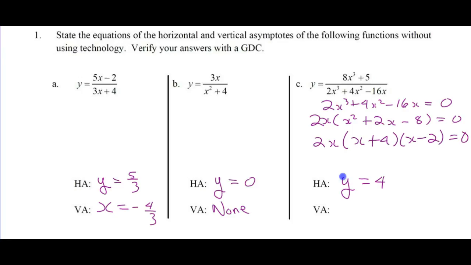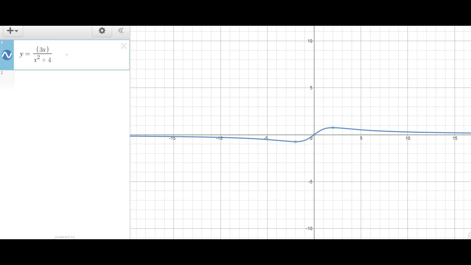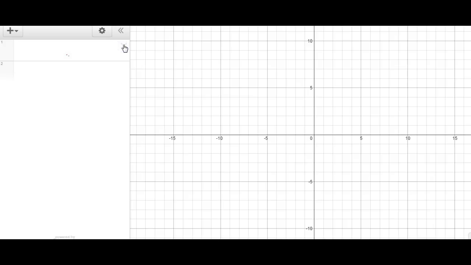All right, so looks like we could have a few vertical asymptotes: when x is 0, when x is -4, and when x is 2. All right, let's take a look to see if that's actually true. So what's our equation?